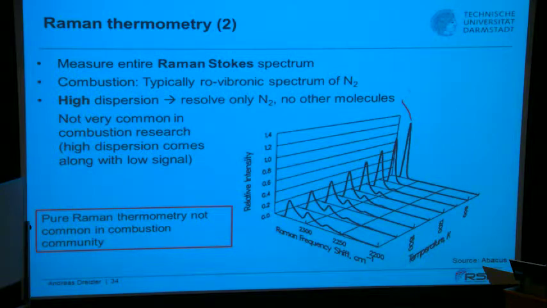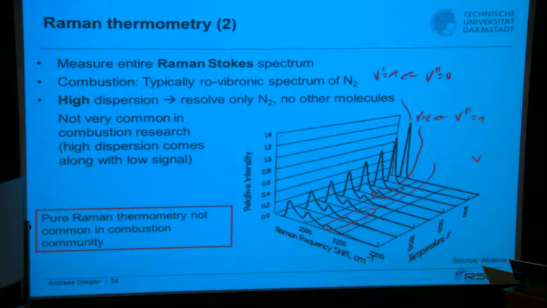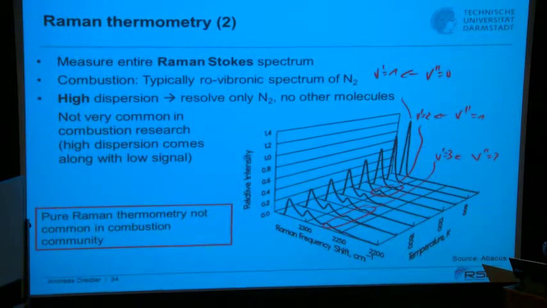So this peak comes from V equals 0 to 1. These levels over here, you start from 1 and you end up in the vibration level 2. And these bands start at the vibration level 2 and bring you to the vibration level 3 after the Stokes process.